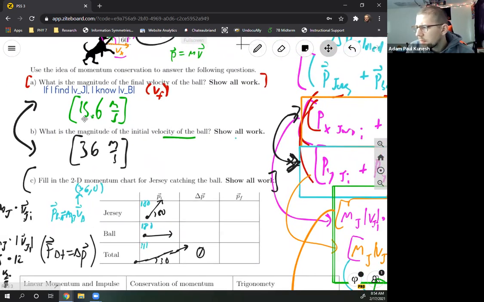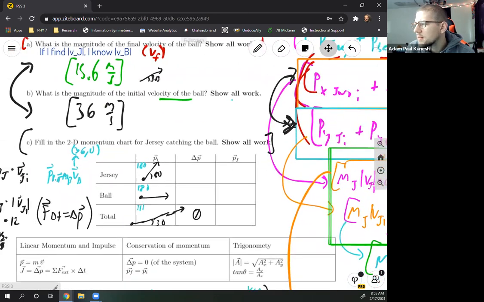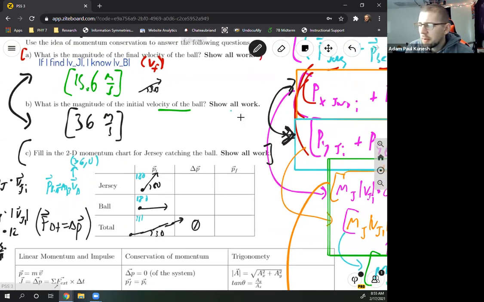The final velocity of the ball is 15.6 meters per second, and it's directed up 30 degrees. So the ball's final momentum is going to be, I mean, the same as we did. We'll use the same kind of calculation scheme we did for the initial. So I'm going to multiply the magnitude of the velocity by the ball's mass. That'll give me the magnitude of momentum. And I know it's angled 30 degrees above the horizontal.